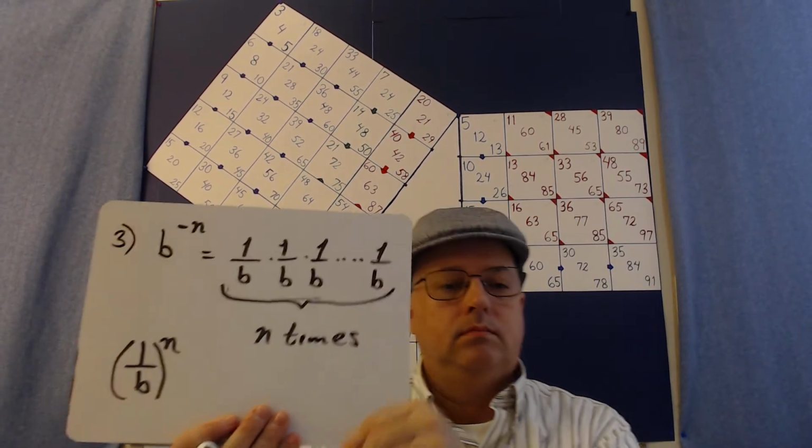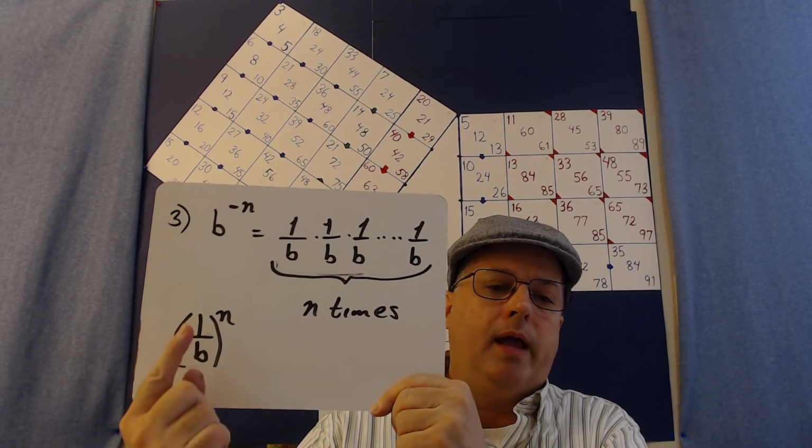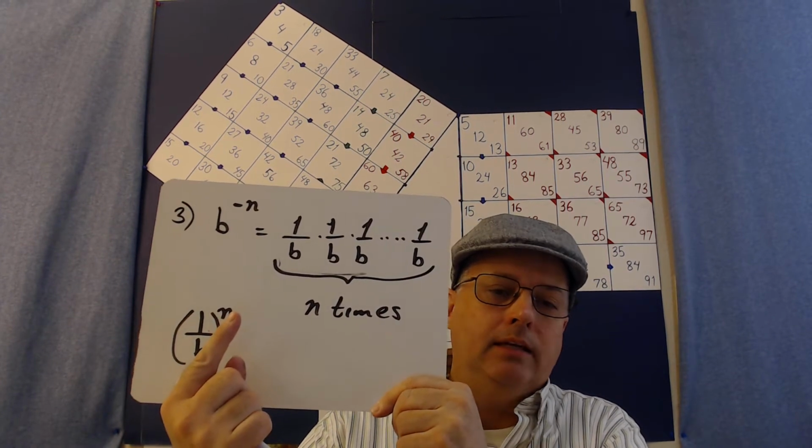Another way to write that is 1 over b, n times.